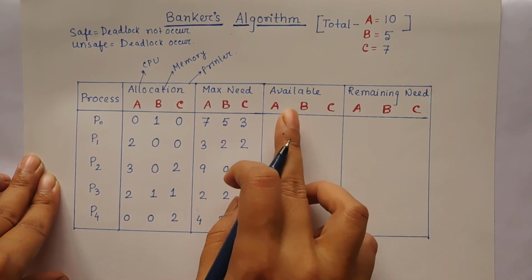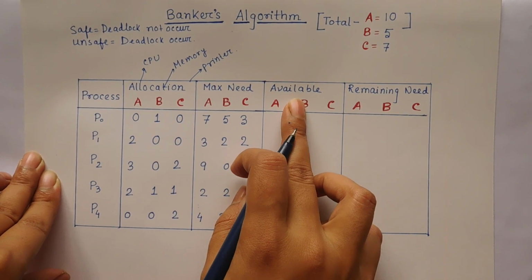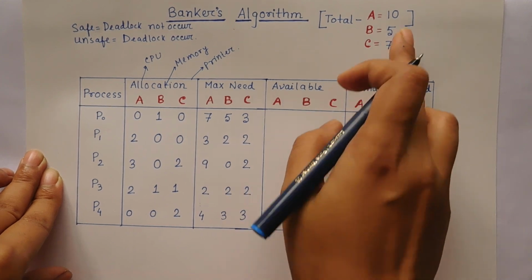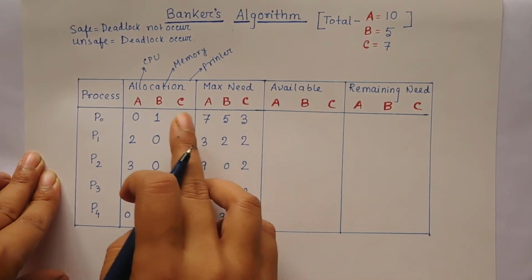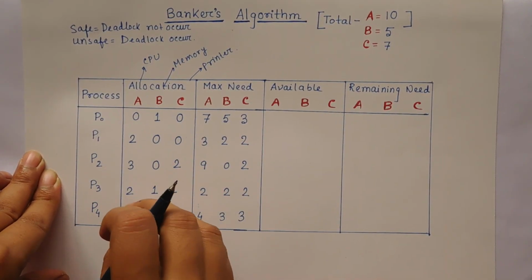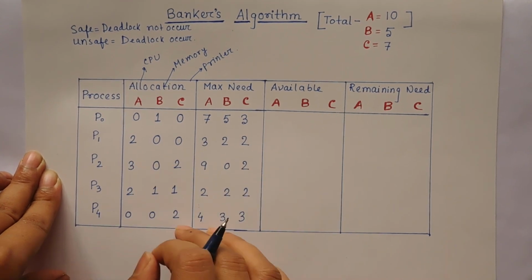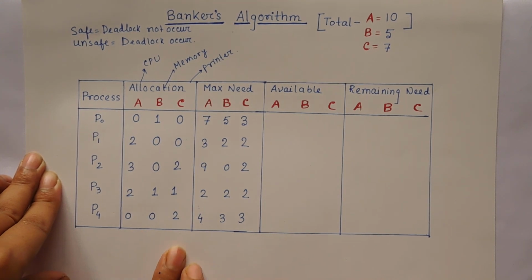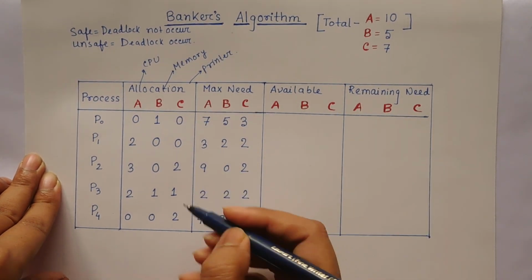Now to find the available resources, we have to find what is the total resource and what is the resource already allocated to the processes. So we can find the total allocated resource by adding this.